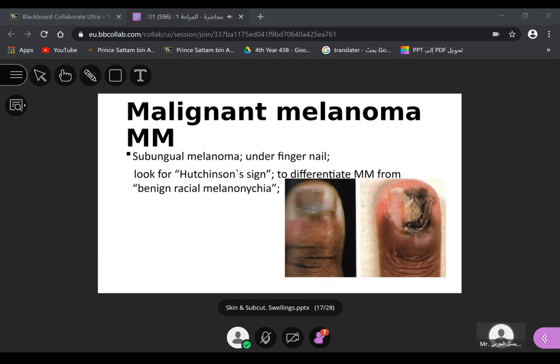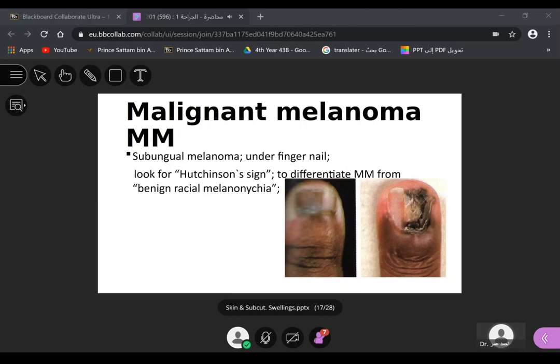Yes, some patients might present with a dark nail like that, which can be due to benign racial melanonychia. This is a benign lesion, or benign appearing, that can happen in certain populations due to genetic factors.